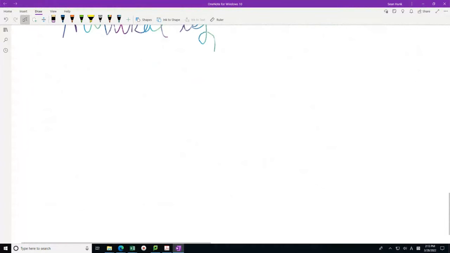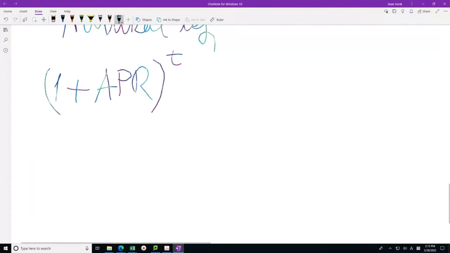Suppose we all know that if we have APR and we raise it to T, and we know APR can be adjusted by compounding frequency, right?